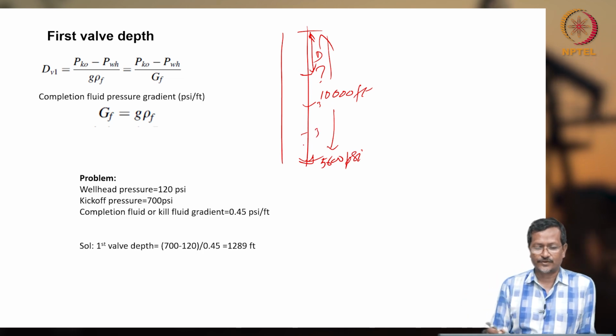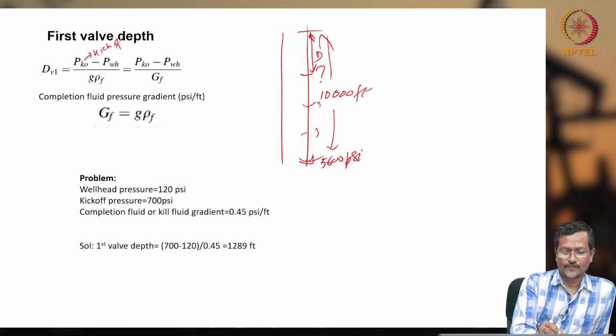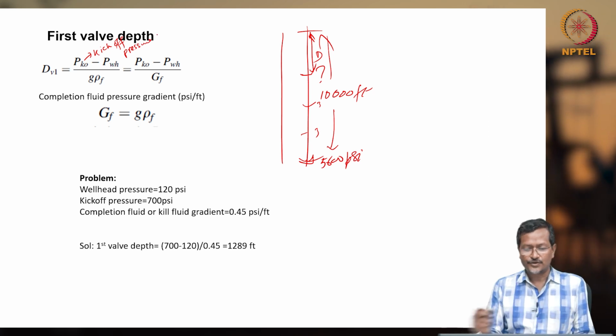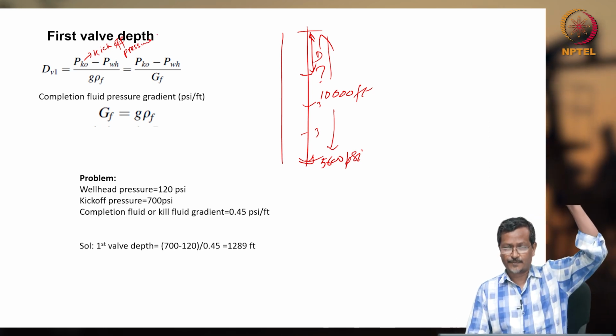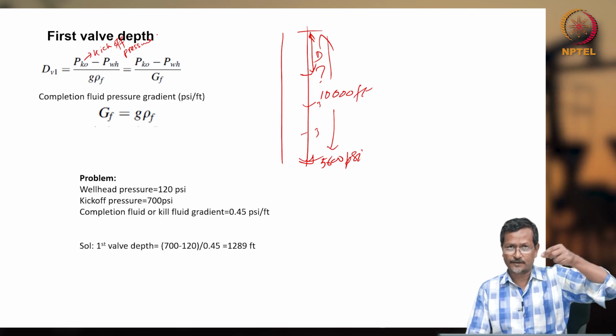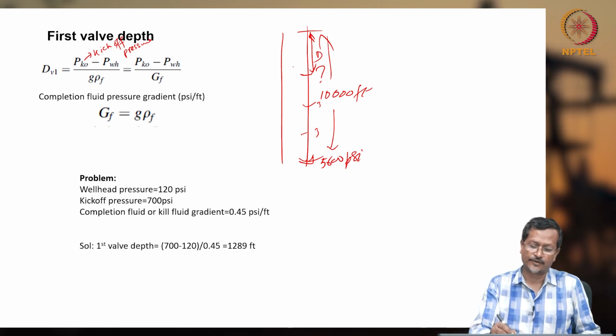For that you have a formula, PKO, or kick off pressure. From the surface you are applying pressure so that the first valve starts bubbling, gas will be injected through the valve, and it will pass through the annulus and create bubbles.